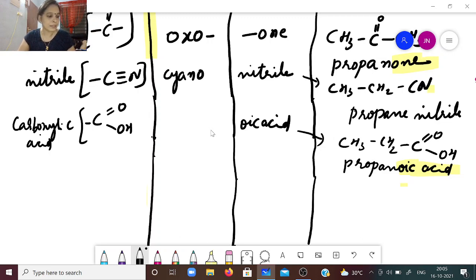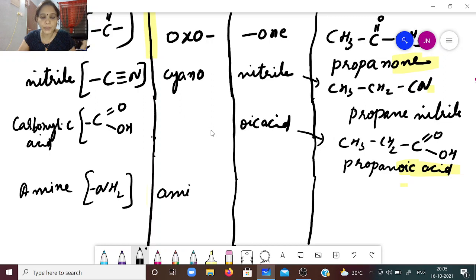Next one I can tell you is amines. Amines also come in 12th standard. Amine is NH2, and if it is prefix, it is amino. And if it is suffix, it is amine. So when I write this amine, I can write CH3, CH2, NH2.